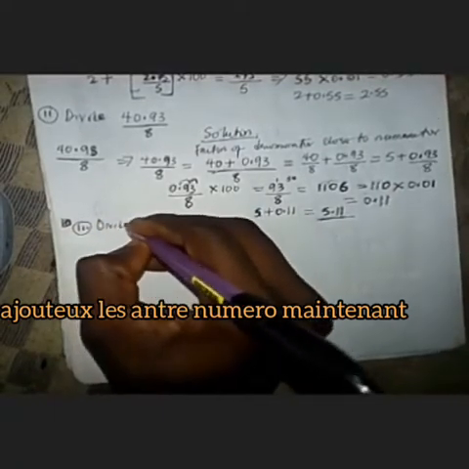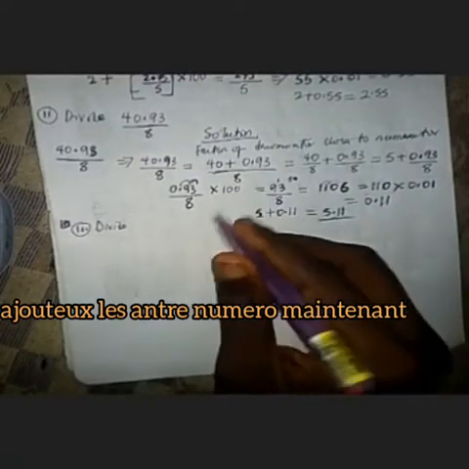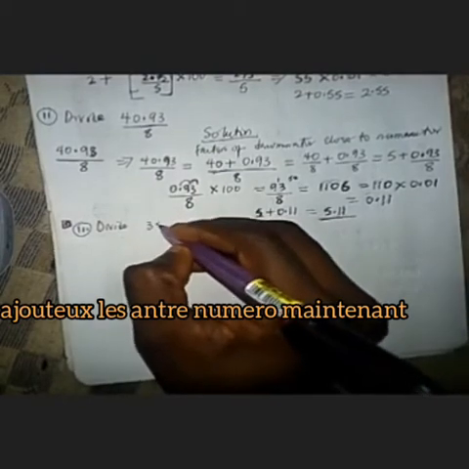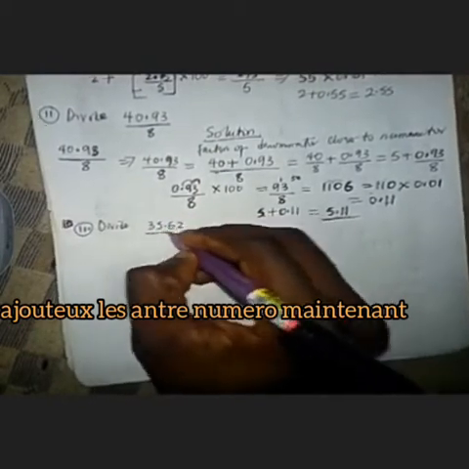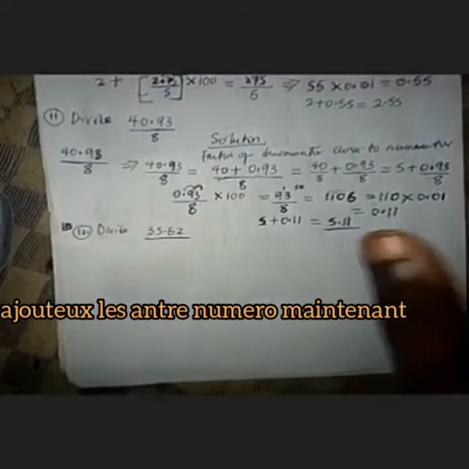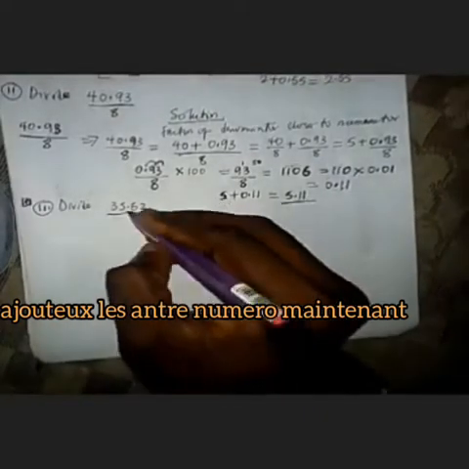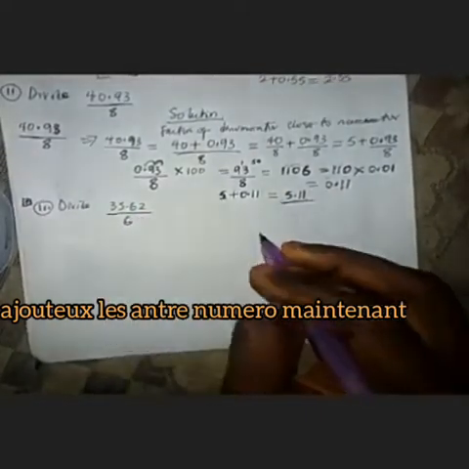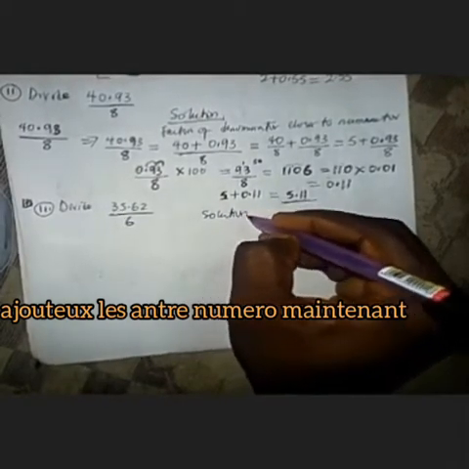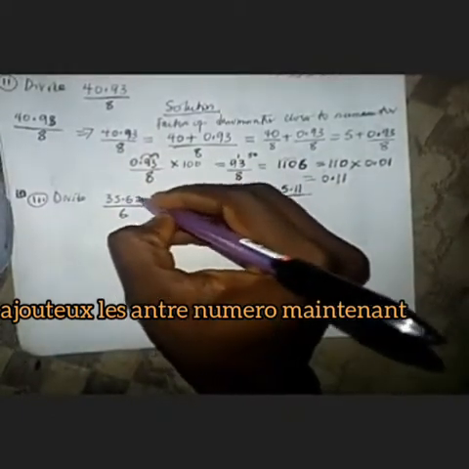Divide, let's say, 35.62 divided by, let's say 6. So the process again is 35.62 divided by 6.